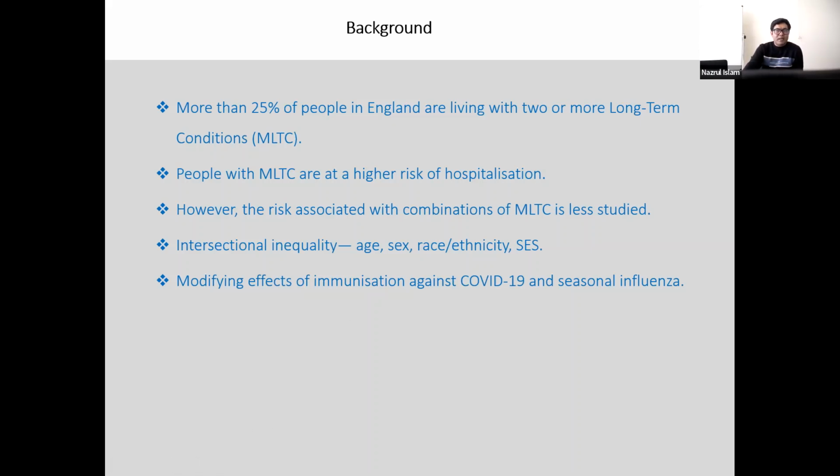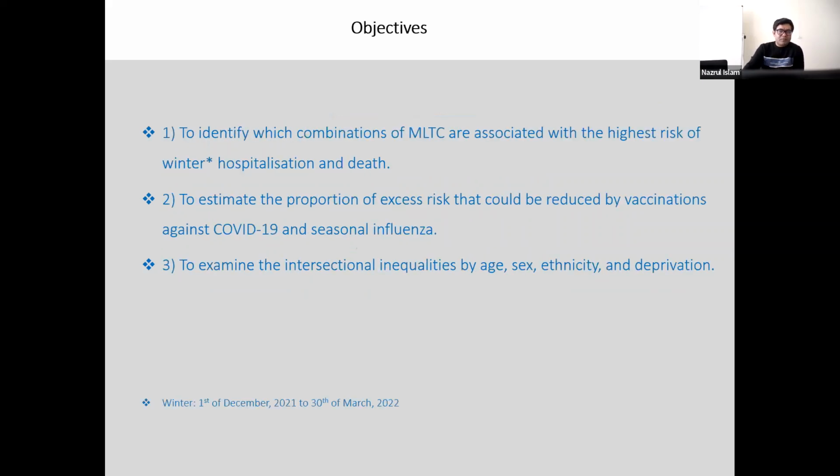We did some analysis to see the modifying or mediating effect of immunization against COVID-19 and seasonal influenza. So these are the three objectives that we talked about. Now, for the winter hospitalization and death, we defined it as the time period between the 1st of December 2021 and the 30th of March 2022. That's the time period that we had the data for the whole period, not for 2023.